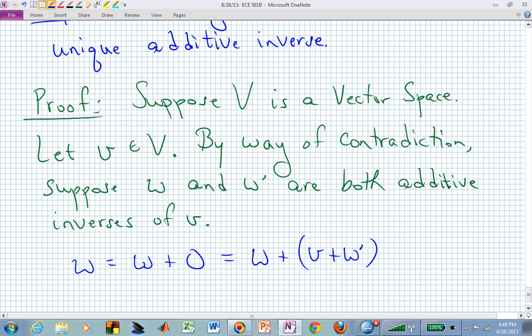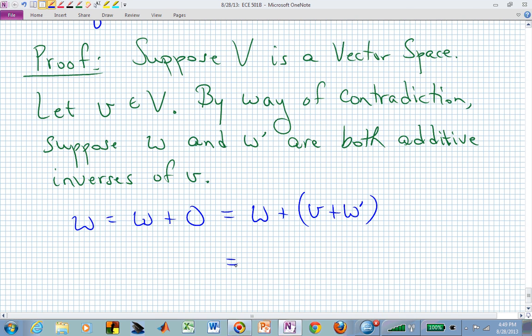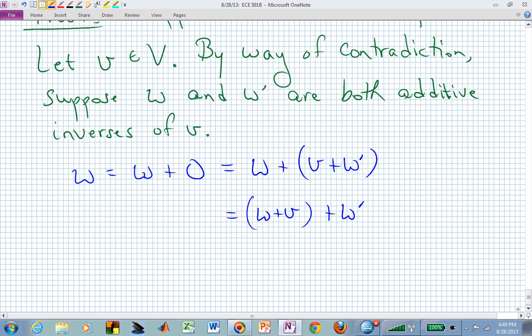Now what I want to do is simply change the order in which I add these vectors. So now let me say that I want to add w with v and then add that to w prime. But by assumption, what was w plus v? That was the 0 vector, wasn't it?